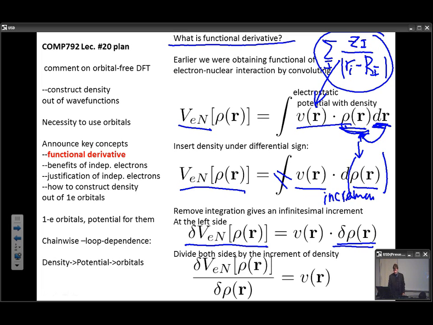And now we can make the ratio of them and say that it is a limit when this change of density, delta rho, goes to 0.